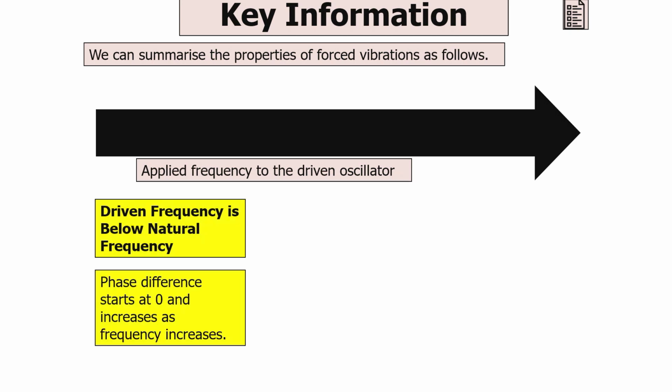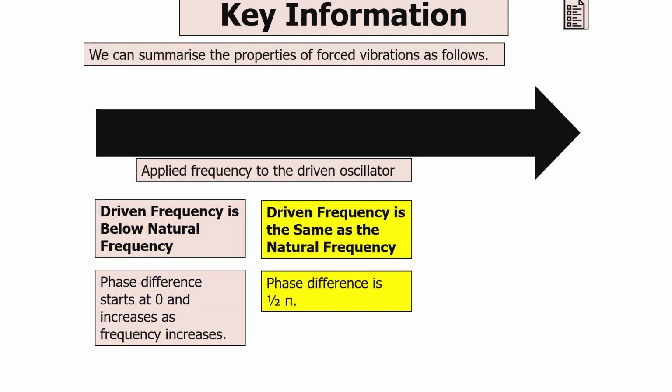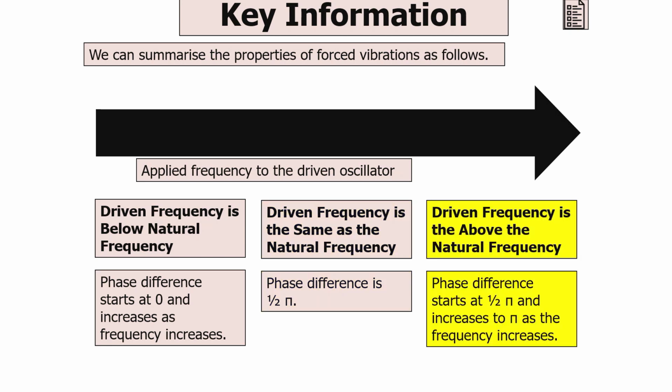When the driven frequency is below the natural frequency, the phase difference starts at 0 and increases as the frequency increases. When the driven frequency is the same as the natural frequency, the phase difference between the two is half pi. Whilst when the driven frequency is above the natural frequency, the phase difference starts at a half pi and then increases to pi as the frequency increases.